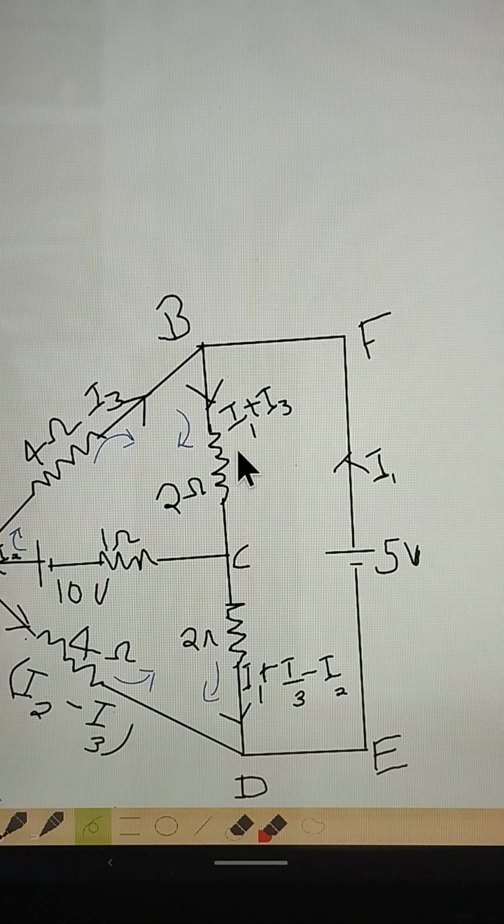This current I1 plus I3 reaches here, and from that I2 goes through this way, and the remaining current I1 plus I3 minus I2 comes through this way, from the 5 volt cell.